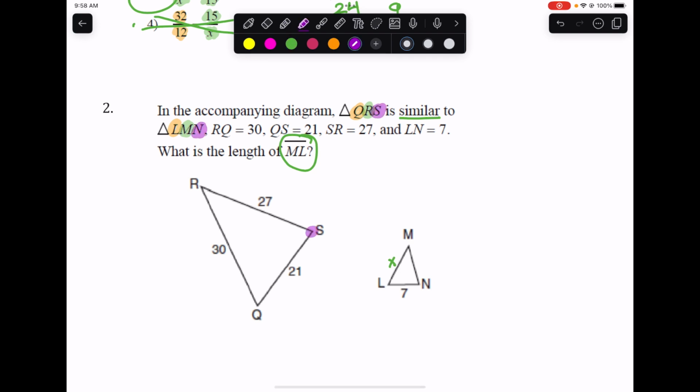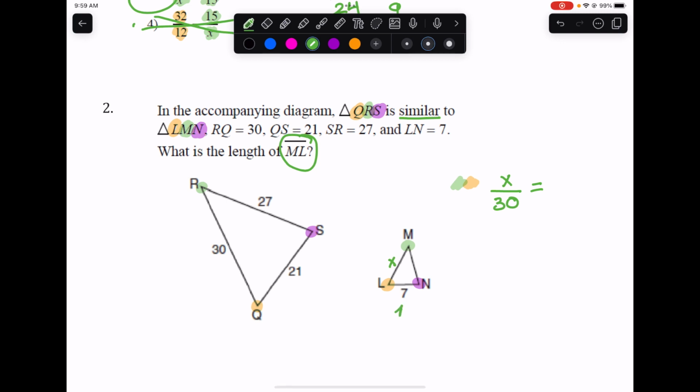So let's go through and highlight. So Q and L, and then R and M, right? Because now we can see I want the measurement of ML. So ML is green and orange, which means that I need to use X, and over here it is 30.